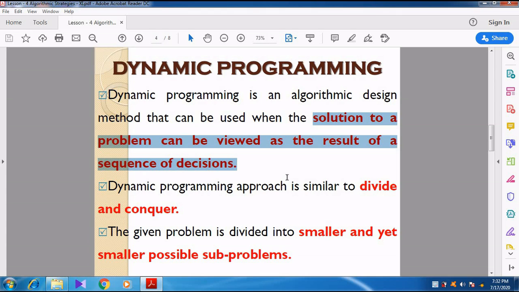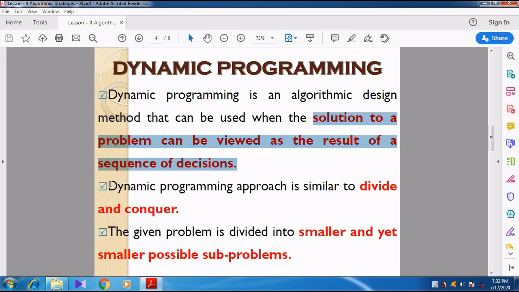Whenever we want to find the solution for a problem, we write an algorithm, and we can use this method so that the result can be viewed as a sequence of decisions. Whatever decisions we take will be viewed as a sequence of decisions.